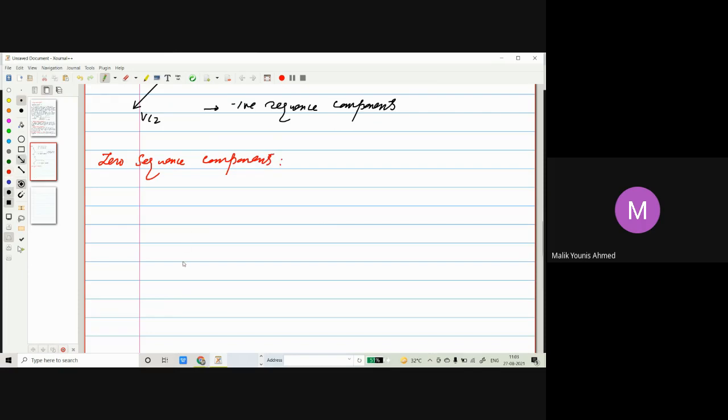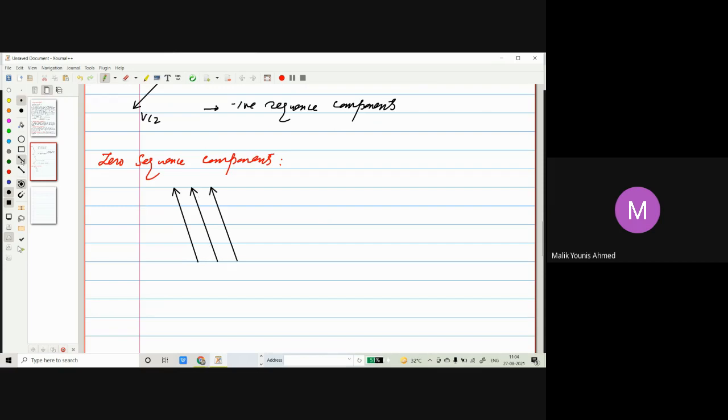So how can we represent them? Like this we can represent. Slightly tilted normally, there's no question in this case, but they should not have any phase displacement. Like this it should be. Zero phase displacement from each other.